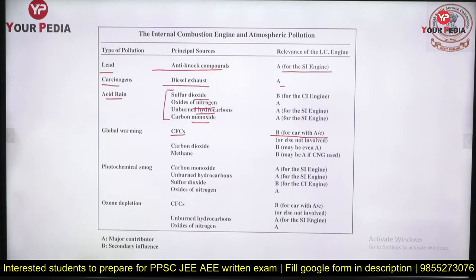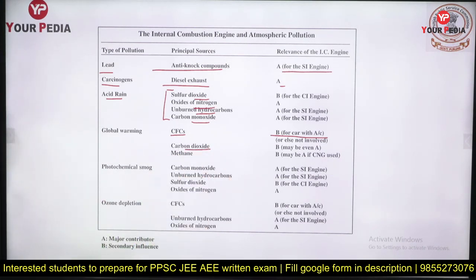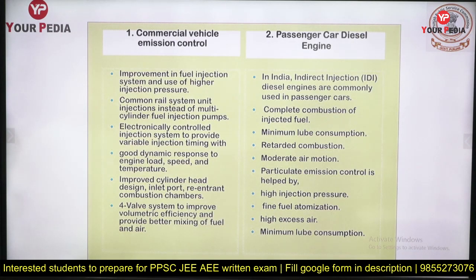So influence is there but it is not the primary contributor. A represents the major or primary contributor. Ozone depletion is majorly due to CFCs and unburnt hydrocarbon, and carbon dioxide is going to cause global warming. You can check it here. Chaliye, so just observe this. Fine, let us move to the next discussion.